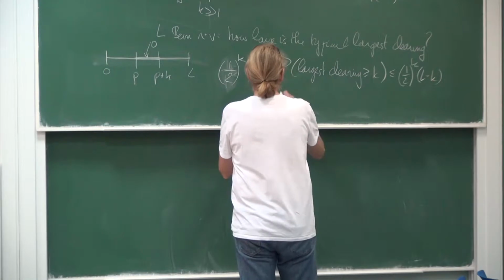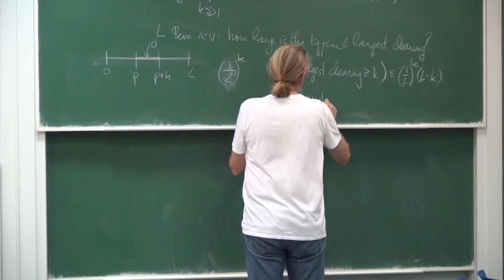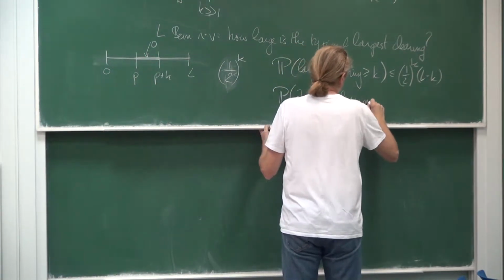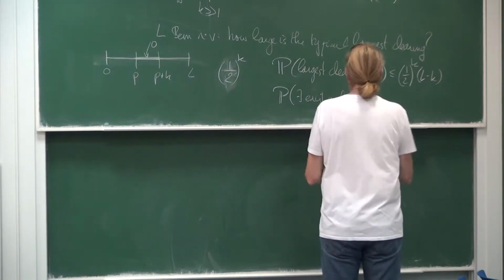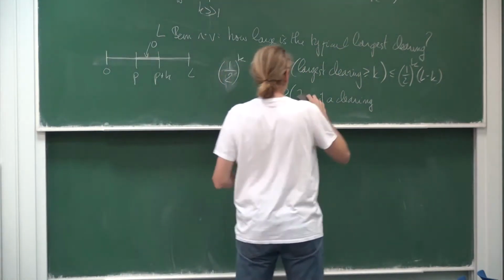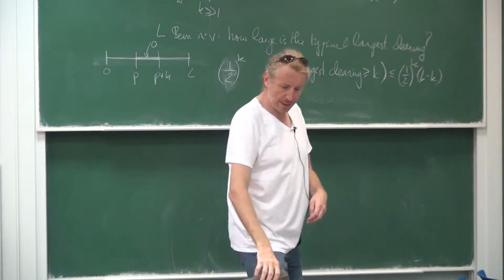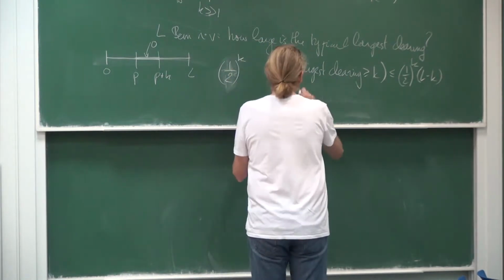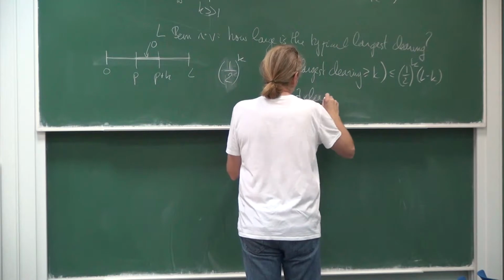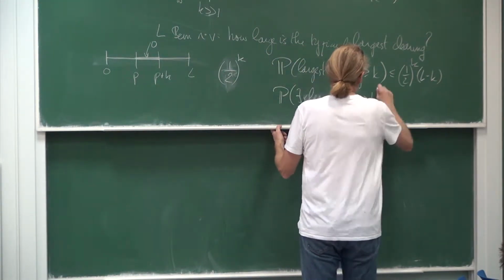And what is the probability that there exists a clearing larger than K?